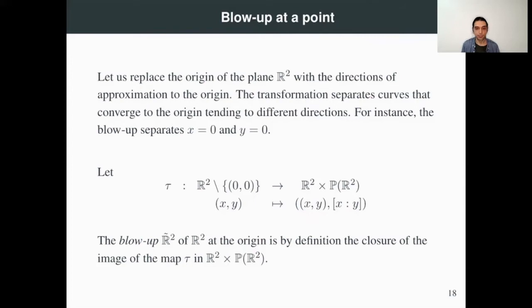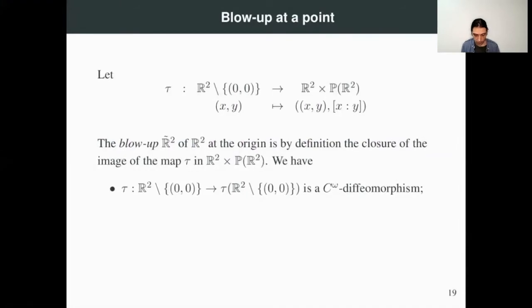Okay? Let's study this a little bit more. What happens, of course, is that, as we said, if we consider points outside of the origin, we're not doing much, because here we are considering the point and then something that completely depends on the point.